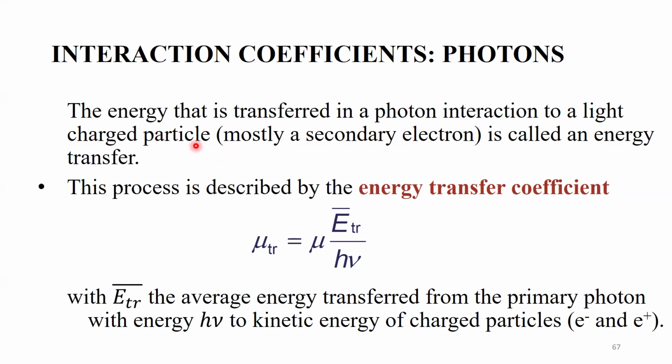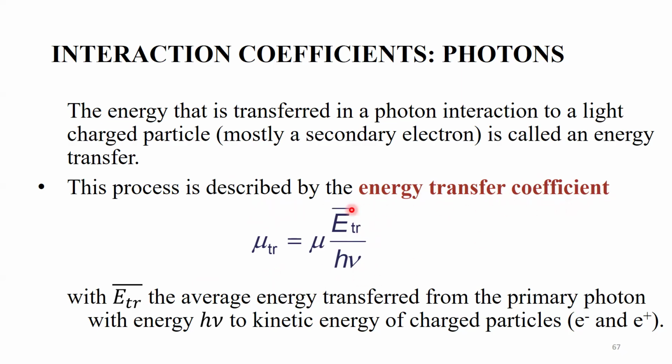This process is critical because it involves the conversion of the photon's energy into kinetic energy of charged particles, such as electrons and positrons. The amount of energy transferred is quantified by the energy transfer coefficient. This is denoted ETR. So ETR is the energy transfer coefficient.